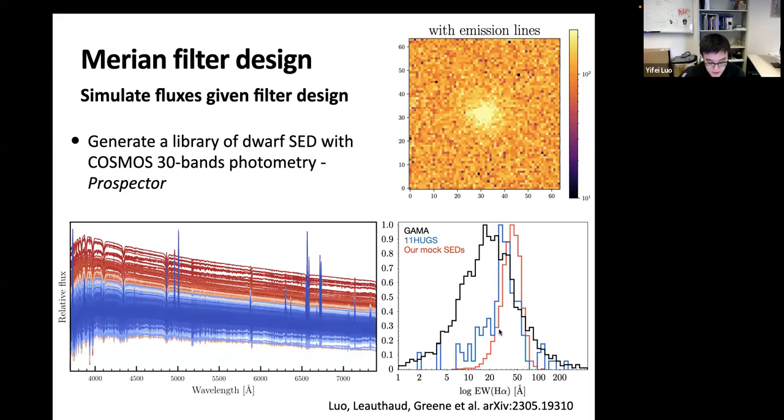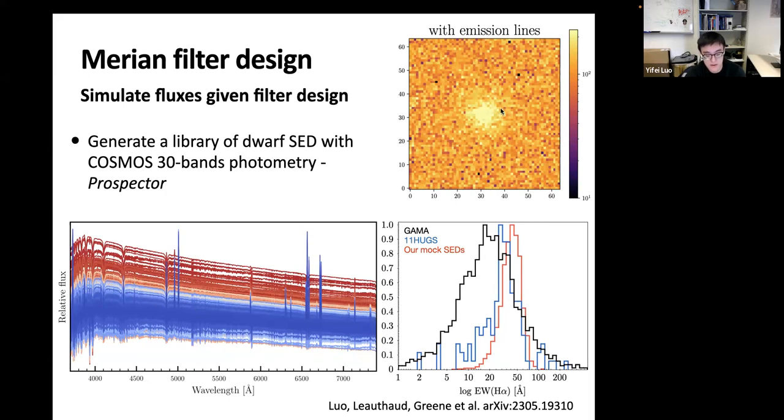You see the red histogram is the H-alpha equivalent width distribution from the mock SEDs, compared to the 11 HUGS, a nearby dwarf galaxy survey with H-alpha. It's pretty similar to the observed H-alpha distribution.